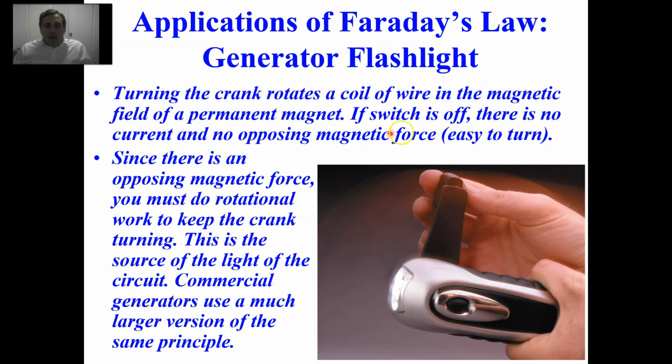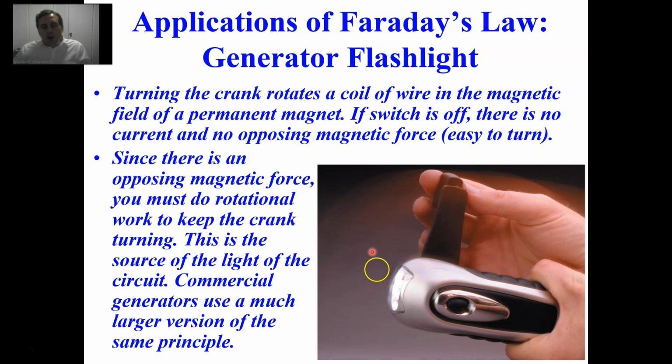Okay, here's a nice application of Faraday's law. What if you turn a crank, and it's a crank flashlight? As I already showed a couple slides ago, you're turning a little coil inside of there. So you turn that crank, it rotates a coil of wire in the magnetic field of a permanent magnet. If the switch is off, there is no current and there's no opposing magnetic force, so it's easy to turn.